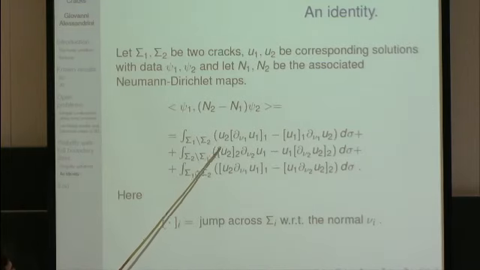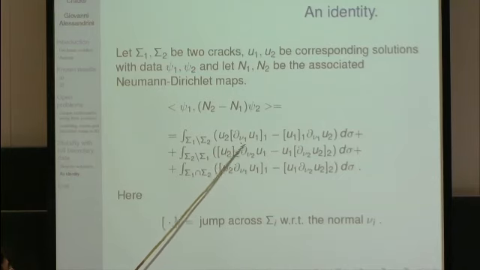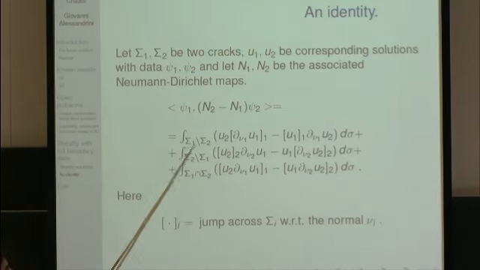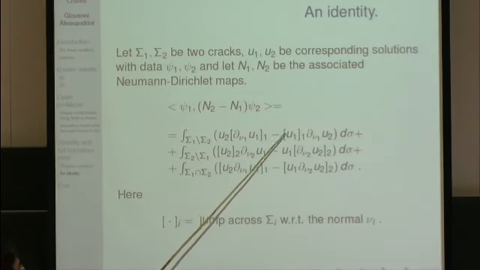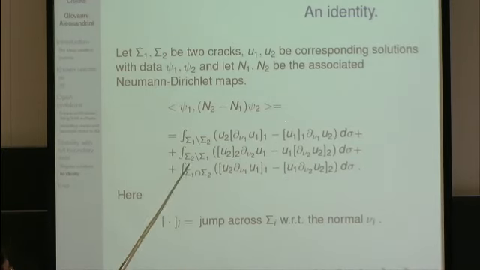And within the integrals, we have some terms in which the two potentials occur, and also the necessary jumps on the potentials. For instance, U1 and its normal derivative may have a jump on sigma 1. And so here we have the jump of this one. U2 and its normal derivative may have a jump here. And on the common part, both of the two have jumps. And so this is what we get.